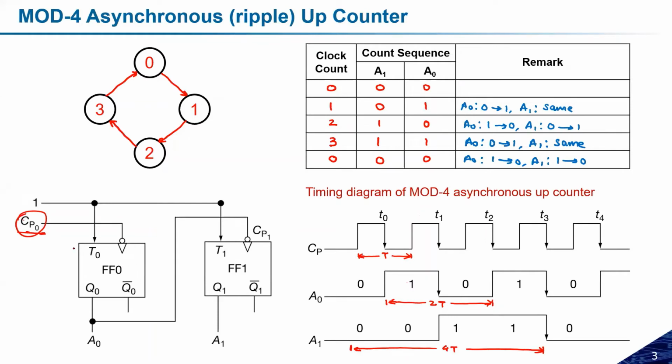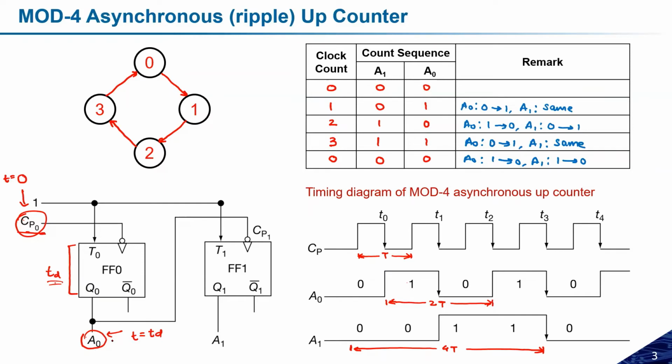The flip-flop has some internal delay, let us assume TD. Once the clock pulse changes its state, the flip-flop takes some time, the TD, which is its propagation delay. If the clock was applied at t equal to 0, the output A0 will be reflected at t equal to TD.